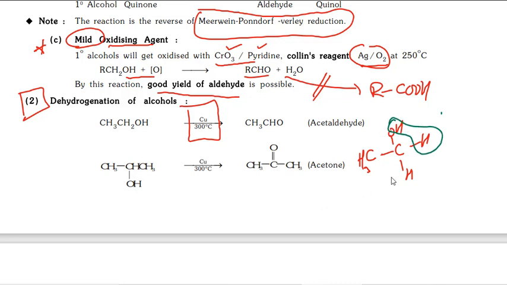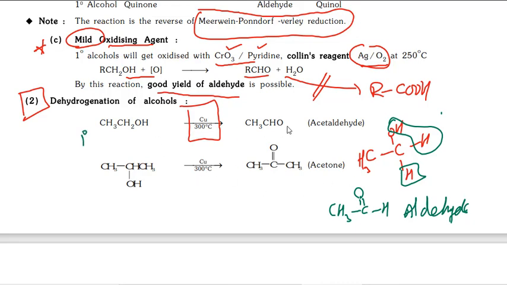So what's happening here? I took ethyl alcohol, so I am getting CH3CHO, aldehyde. Suppose this group is an alkyl group, then obviously I will get a ketone. The mechanism is like this.